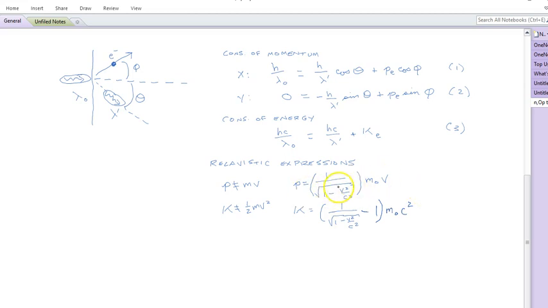And I assure you, if v is a lot less than c, which is what we think of as our normal objects, these relativistic expressions do revert to mv and 1/2 mv squared. The momentum one you can sort of see: if v is a lot less than c, that v squared over c squared is much less than 1, so that whole thing in parentheses is basically 1, and you're back to m naught v.